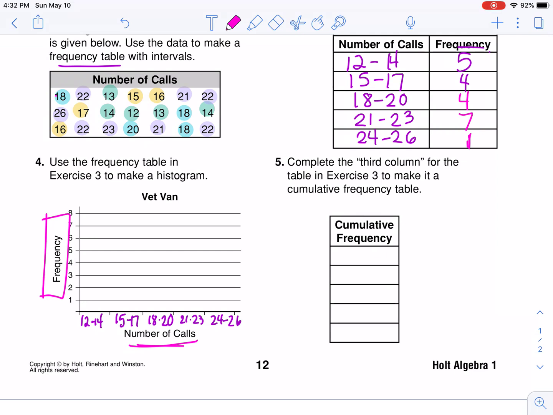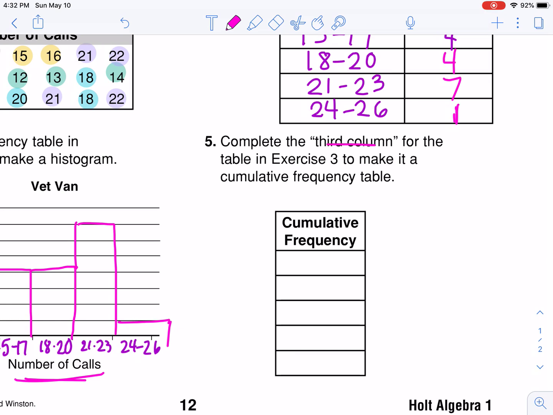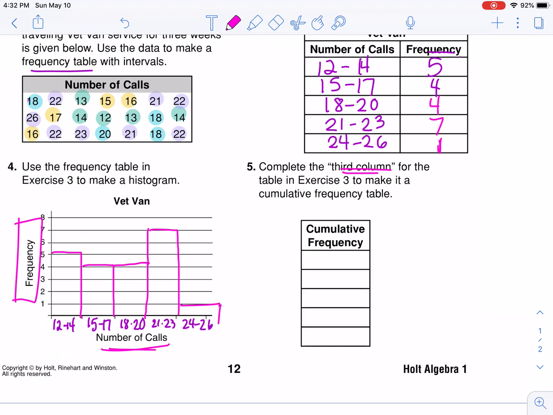So 12 to 14 was up to 5. 15 to 17 was at 4. 18 to 20 was at 4. 21 to 23 was up high at 7. And 24 to 26 was 1. Feel free to color these in if you want to. You can even color them in different colors. Up to you.